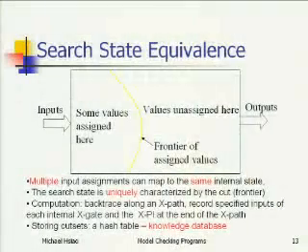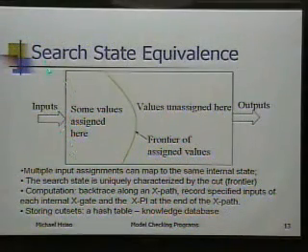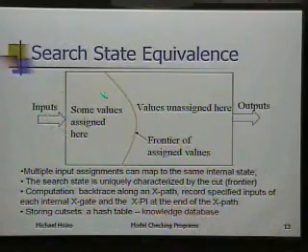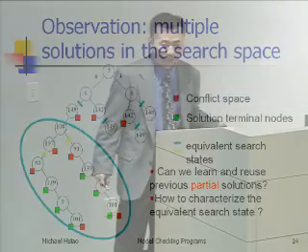Before I go there, I want to reemphasize this point again, that because this is a many-to-one mapping, if the equivalent search states are the same, then the remaining assignments left over to satisfy your objective will also be the same. In other words, their search subtrees will be identical.